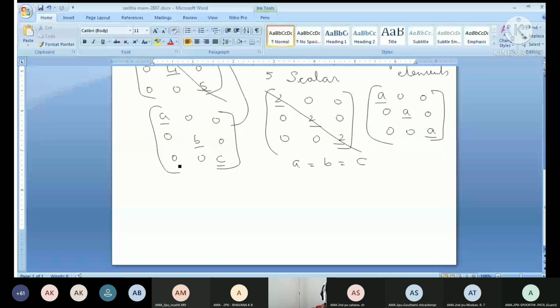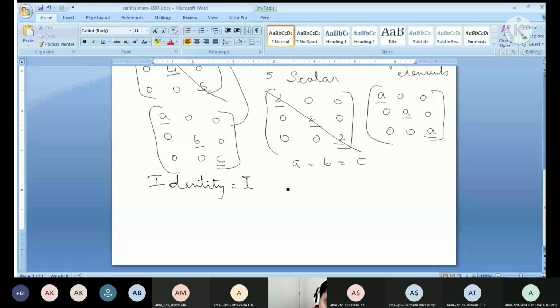Identity matrix. Identity matrix is denoted by the capital letter I. Always we denote it by capital letter I. See, an identity matrix is a diagonal matrix, or else I can say an identity matrix is a scalar matrix if the diagonal elements are 1.